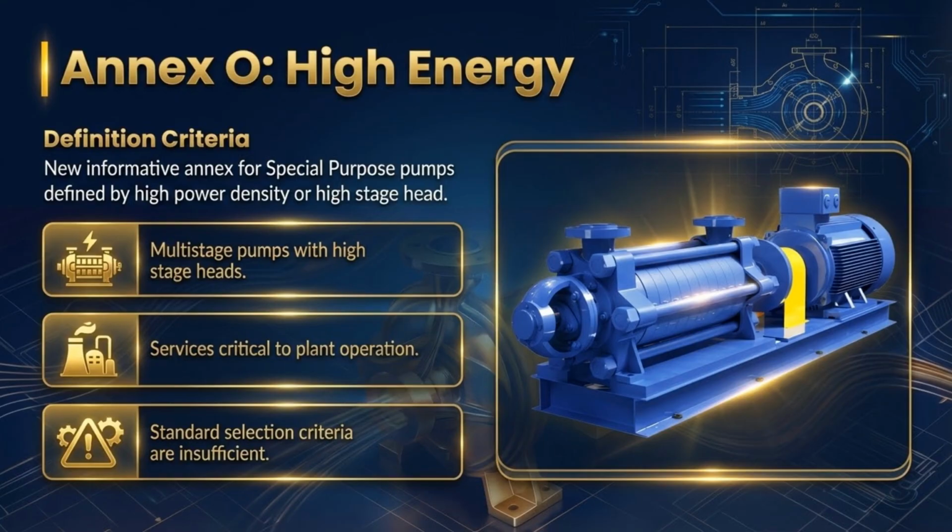The objectives of these provisions in Annex O are to reduce the risk of catastrophic failure, improve operational reliability, and ensure that pumps operating in critical refinery and petrochemical services maintain safe and stable performance throughout their life cycle.